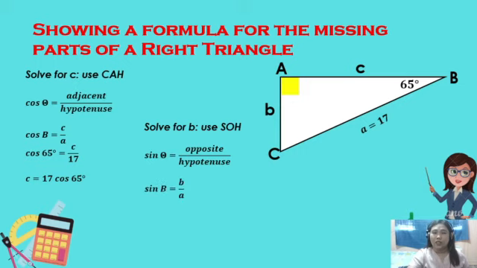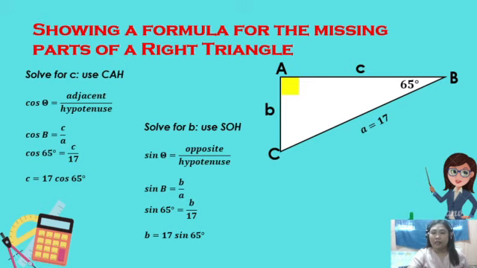So, we have sine B is equal to our opposite side B and the hypotenuse A. So, sine B is equal to B over A. So, we substitute again. Sine 65 degrees is equal to b over 17. To find side b, we just cross-multiply. So, b is equal to 17 sine 65 degrees, or b is equal to 17 multiplied by sine 65 degrees.